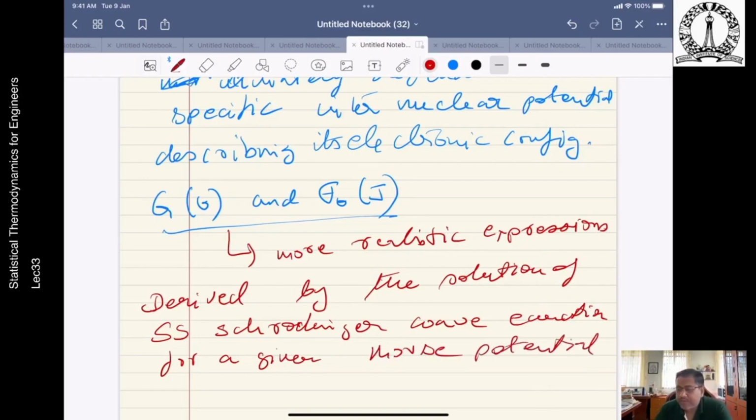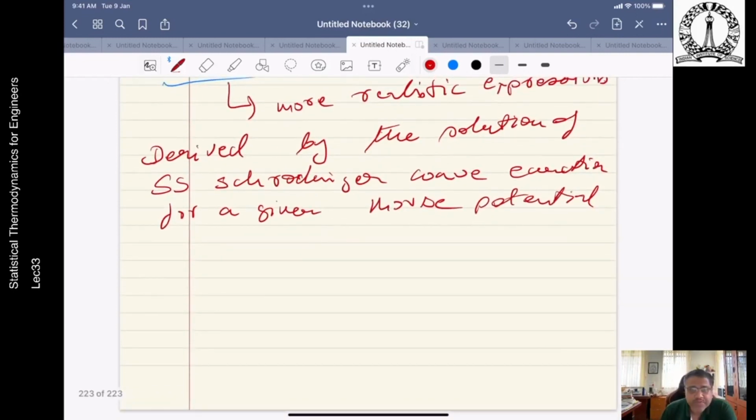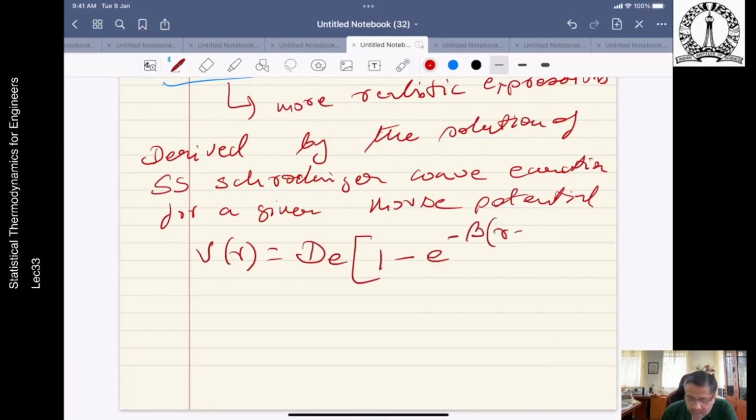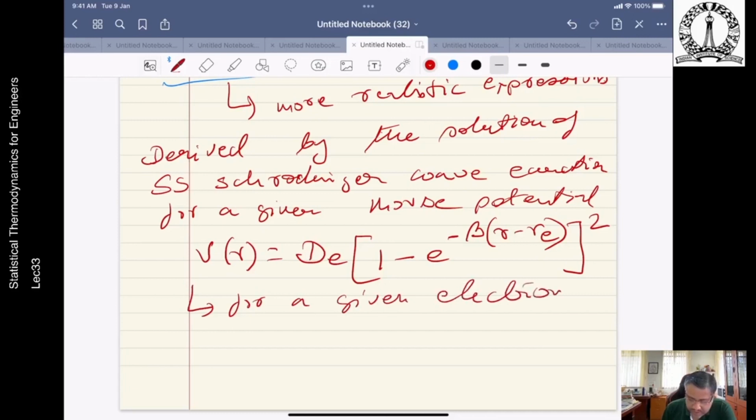So that is what we need to do. The Morse potential, if you recall, is V(r) equal to DE times 1 minus e to the power minus beta (r minus re) whole square, re being the equilibrium internuclear separation distance. This is given for a given electronic state.